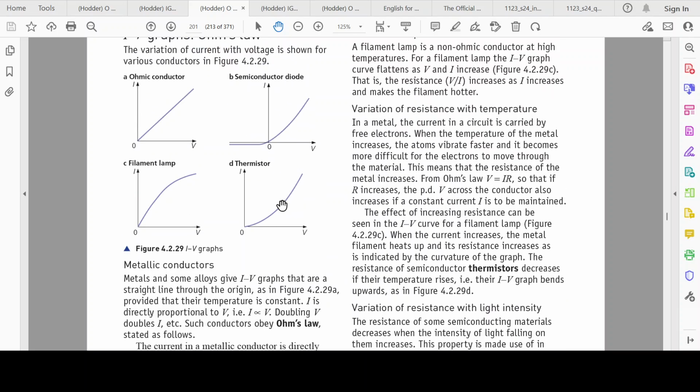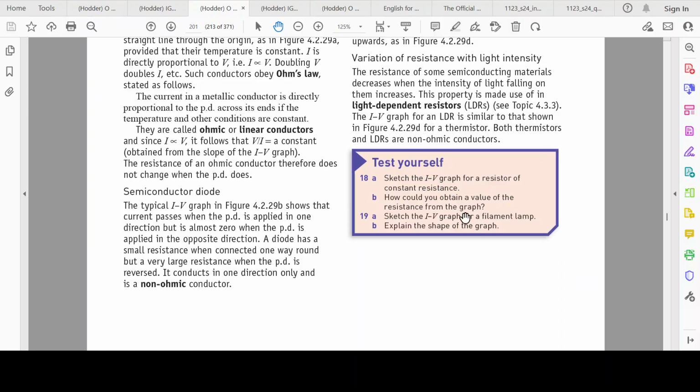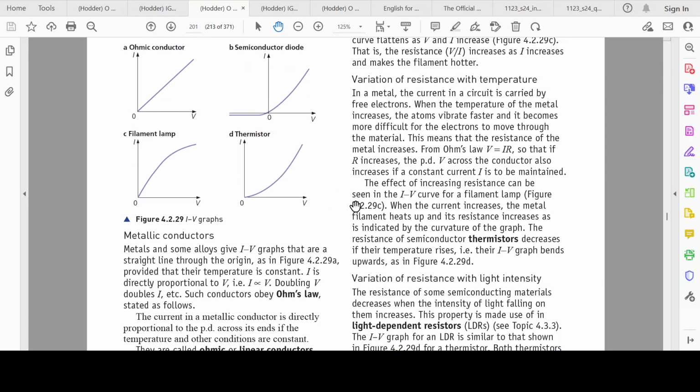So diode is like this, the thermistor, and the light dependent resistor, the LDR, is also like graph D over here. I've mentioned that obviously. And so as the intensity of light falling on it increases, the resistance decreases, and so the same kind of curve will be observed. Okay, and again, this is just stuff for you to know that this happens.